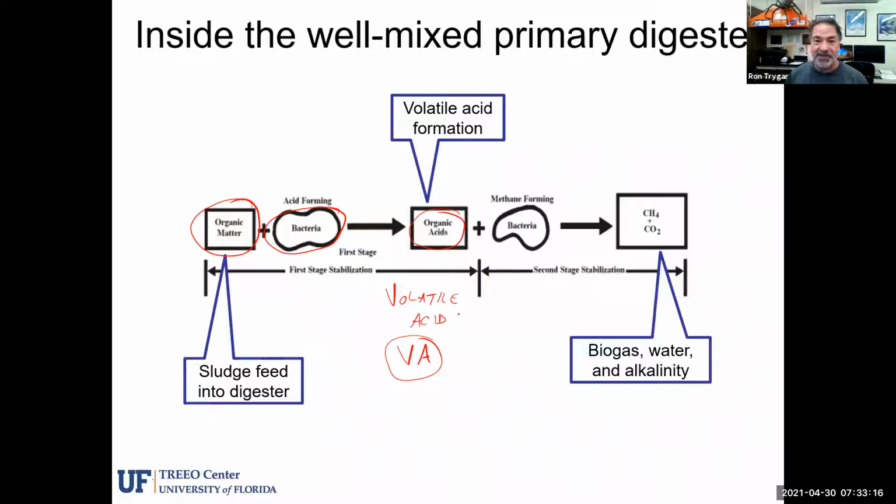The volatile acids then are the food source for the methane forming bacteria. So the methane formers will use the organic acids as a carbon source, and they will produce for us two separate things, or in this case, we're only going to worry about two separate things. I mean, obviously there's more happening biologically here, but we're going to focus for this video on what's being produced here.